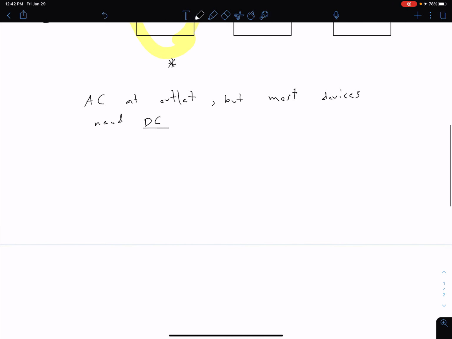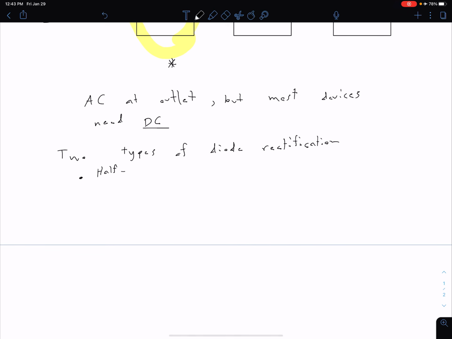And so we're going to look at two different types of diode rectification. So let me just write that here. Two types of diode rectification. And within those two types, we're going to look at different ways that we can do some of them. So there's not necessarily just two ways that we can rectify.